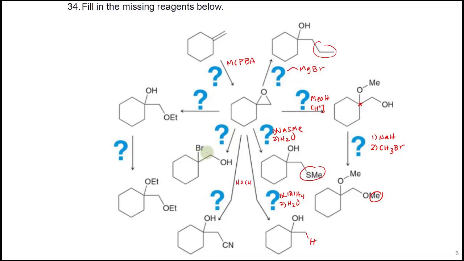Here I'm adding Br to the more substituted side, so I just have HBr here. And then going left from the epoxide, I'm adding OEt to the less substituted. And then this would be similar, we're making an ether from the other alcohol, so it'd be NaH and then ethyl bromide.